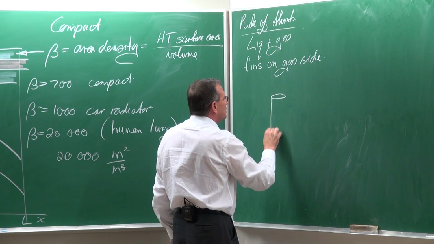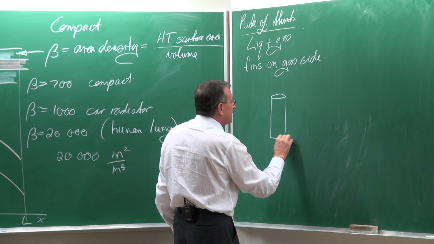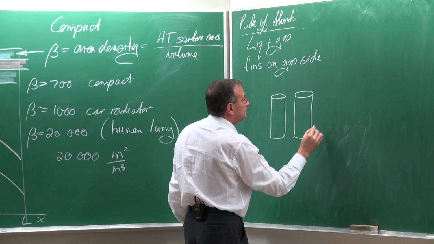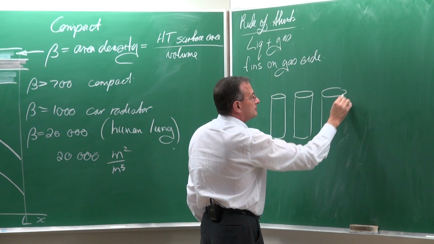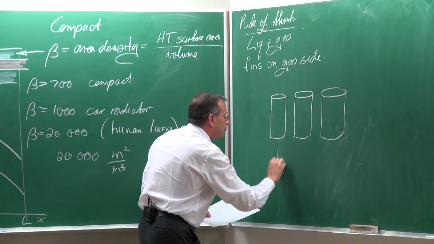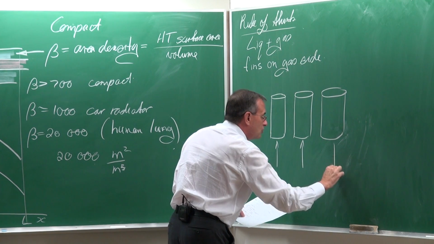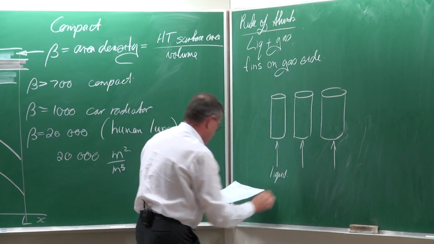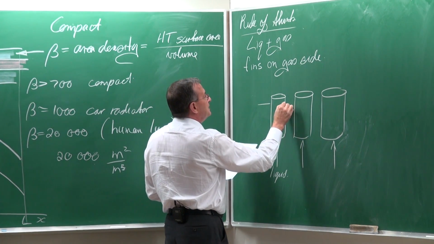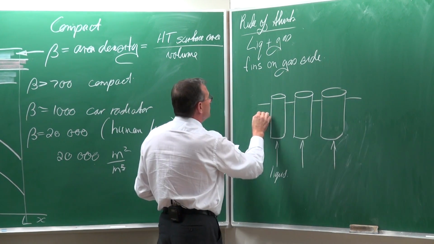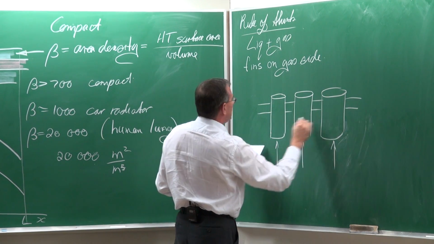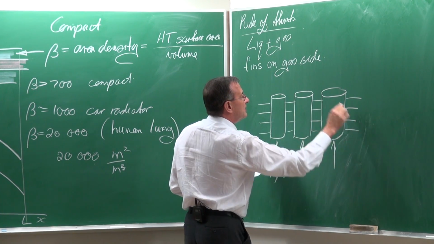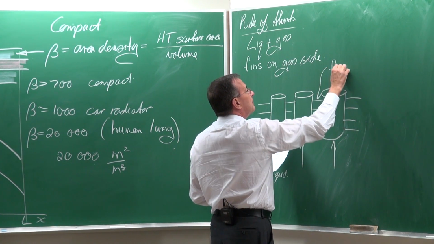Well, you can just go and look at the condensers and evaporators of air conditioners. They've got all these tubes like this. And through them, the liquid will flow, either condensing or evaporating. And then typically there will be fins which are connected to all these tubes, typically in that direction. So there's the fins.